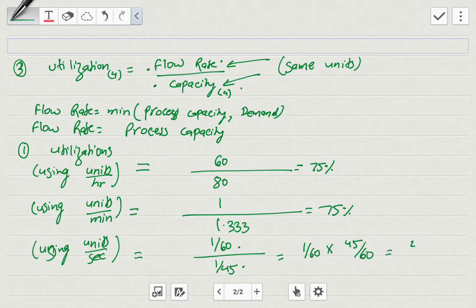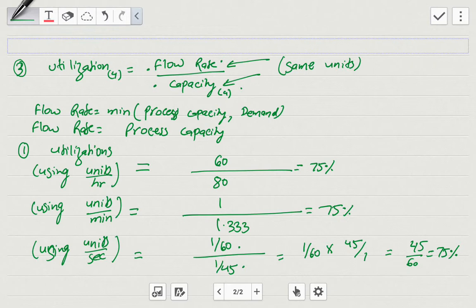So here, this is 45 divided by 60, and this is also 75%.